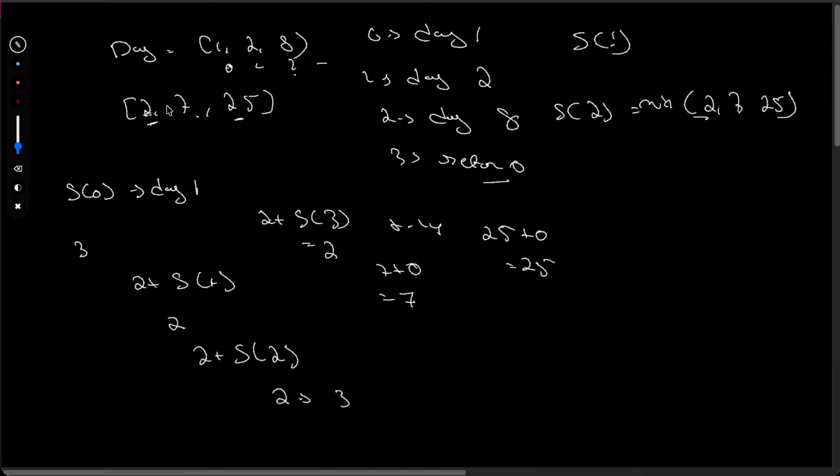We are back at day 2, and option 1 total is 2 plus solve of 2, 2 plus 2 is 4. Option 2, at day 2, 7 days, it covers days 2 and 8. Important, it covers day 2 and day 8 also. So the next index is 3, so 7 plus solve of 3 is 7.